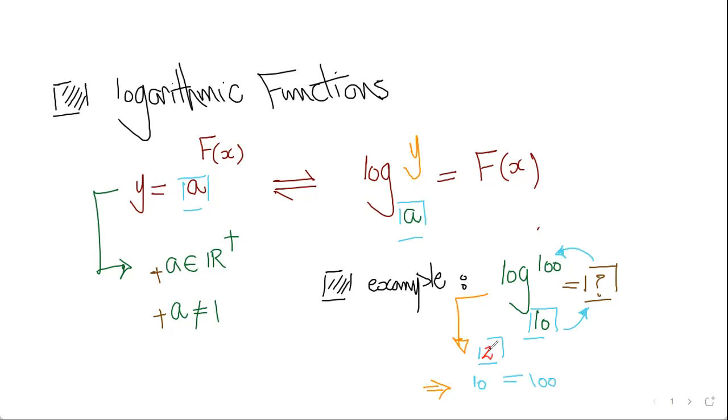Then as a result, we say that 10 to the power 2 becomes 100. Then the same thing here, it has to be 2, because this is the empty square, they are the same either in the logarithmic representation or exponential one. Then as a result, log of 100 with the base 10 equals 2.